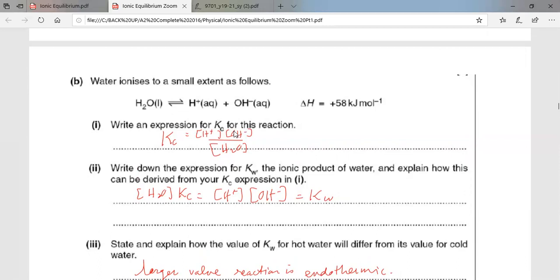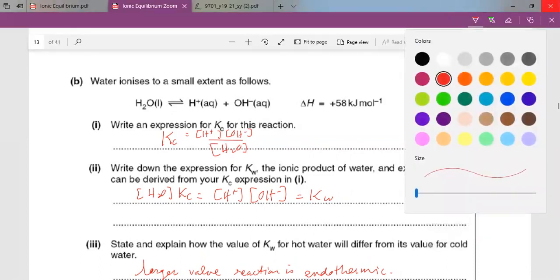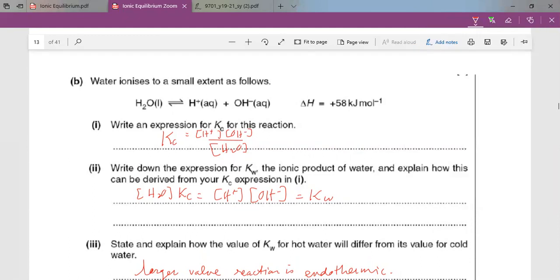They give you the equation here. They give you the equation: ionizes to a small extent, and the forward reaction is endothermic. So write the expression for Kc. Remember it's Kc. So you can see our water is in. Now the answer is here.